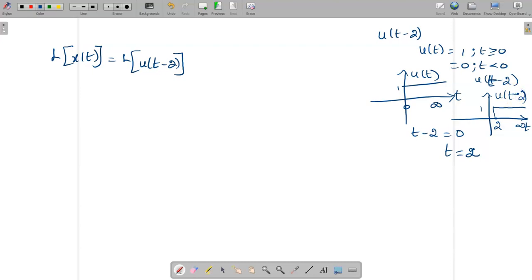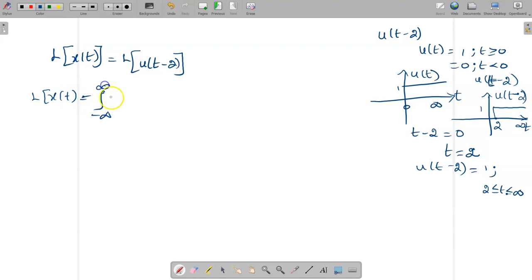Okay. So I can simply write u of t minus 2 is nothing but 1 for 2 to infinity. So now the range has been changed from 0 to infinity to 2 to infinity. For this signal, again the general formula for Laplace transformation is what?